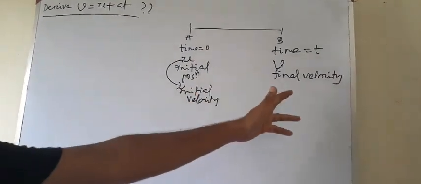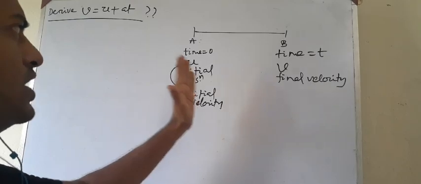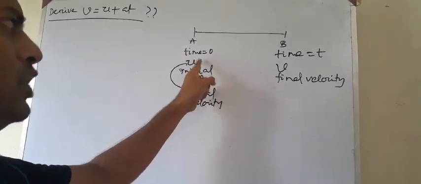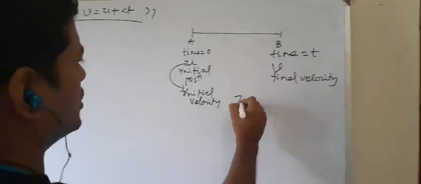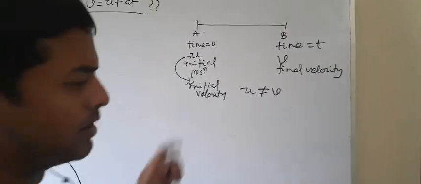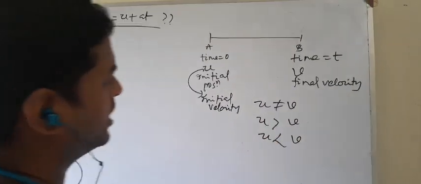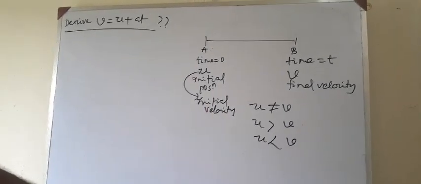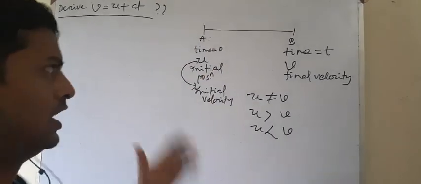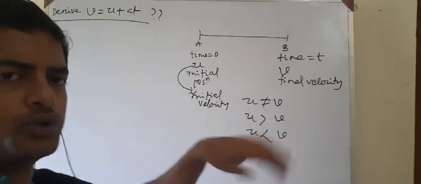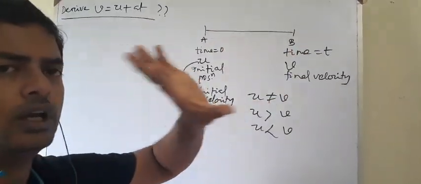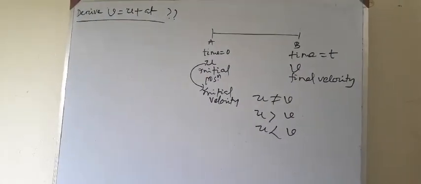Basically this is a non-uniform motion because I am changing my speed or velocity from u to v. Basically in this situation u is not equal to v. u may be greater than v or u may be less than v. But from the diagram it is clear that it is a case of non-uniform motion and the velocity is changing. And to change the velocity from u to v, let's say you are taking or consuming time t.